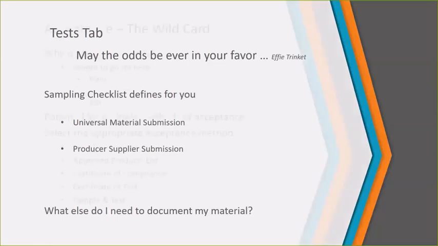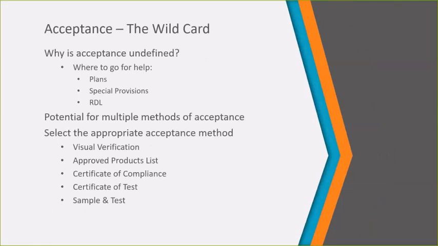The thing that's missing is acceptance methodology. And acceptance methodology is often the wild card. We do not know in advance, when the materials are generated for your project, what the acceptance methodology for that material might be.